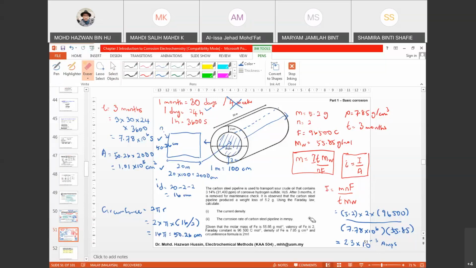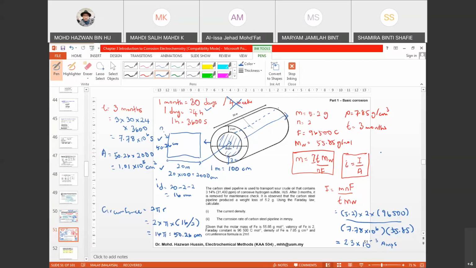Okay, no worries. If you notice, this one is actually power of negative 3, or we can also write it as milliamperes, because this is power of 3, so you can write it as 2.3 milliamperes, or 2.3 times 10 power of negative 3 amperes.